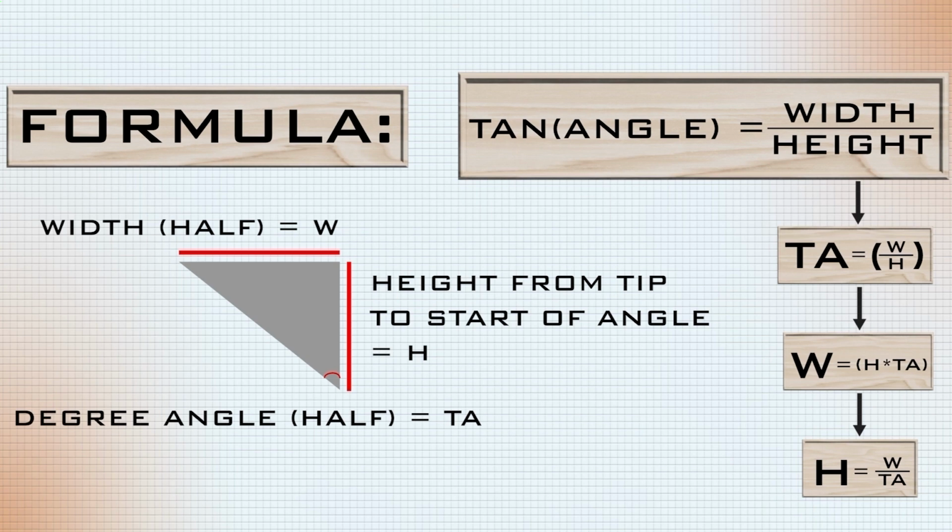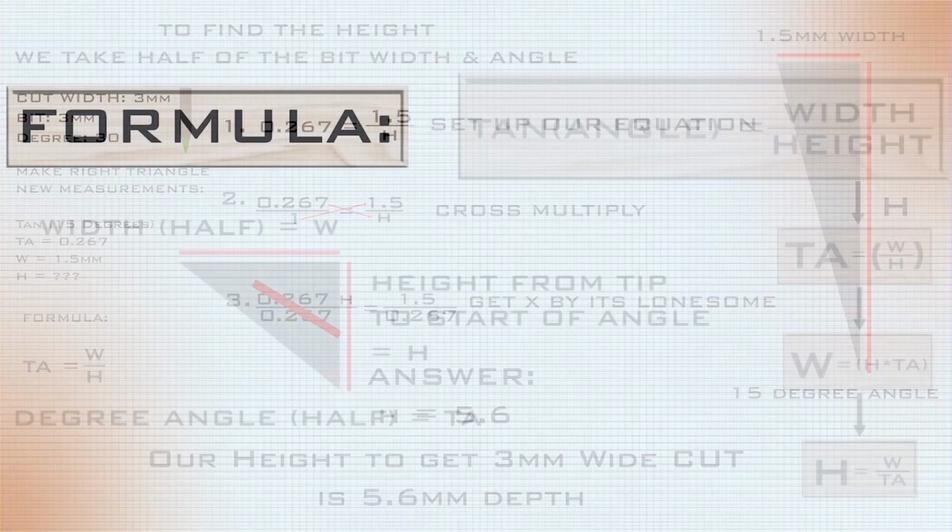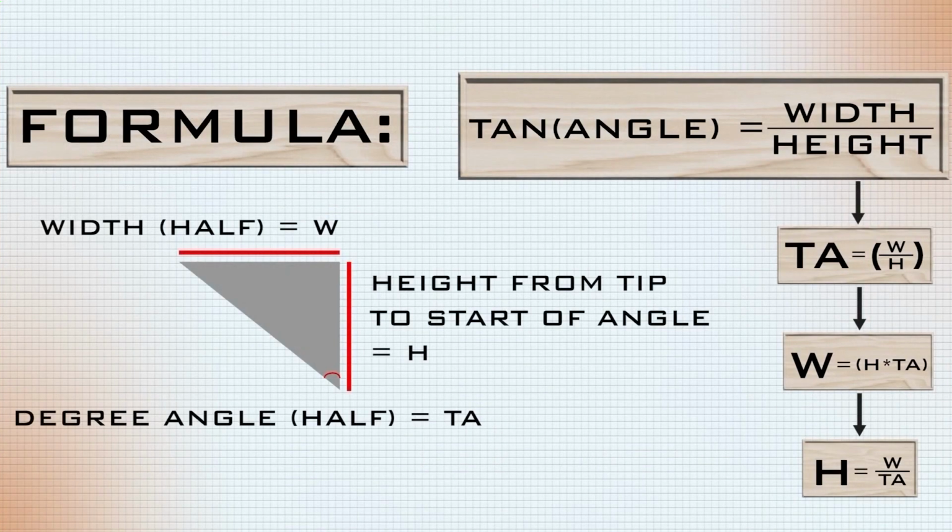Originally, I was going to bore you with a bunch of math and cross multiply and get x by its lonesome, a lot of algebra, flipping and going back and forth on both sides of the equation for every example. But then it dawned on me, if you can do that with numbers, you can do that with letters. So we have 3 formulas we are going to be using today. The first one, TA, which is going to be our tan angle, is going to be equal to width over height.